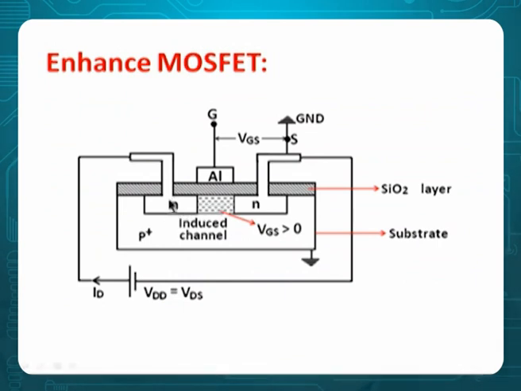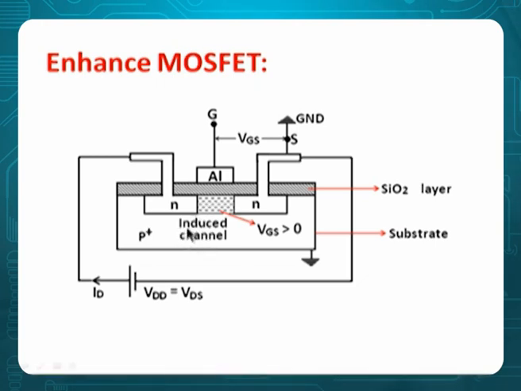Look at this. This is N, drain, N, source. Source is grounded. This is VGS. Current is flowing. Electrons are here, trying to go from here through here, but there is nothing here. The channel is not there physically. Originally it is not there.